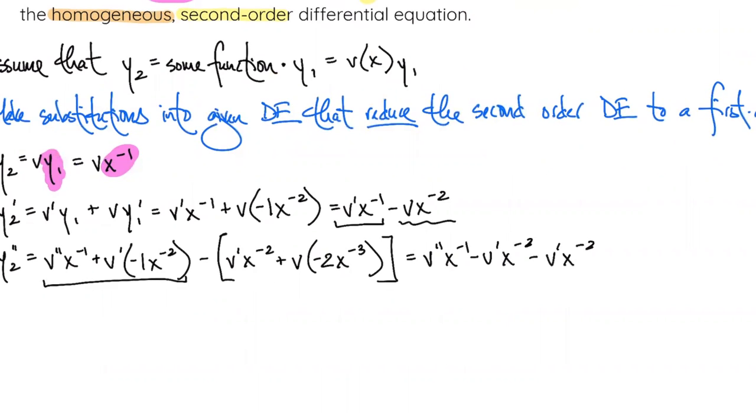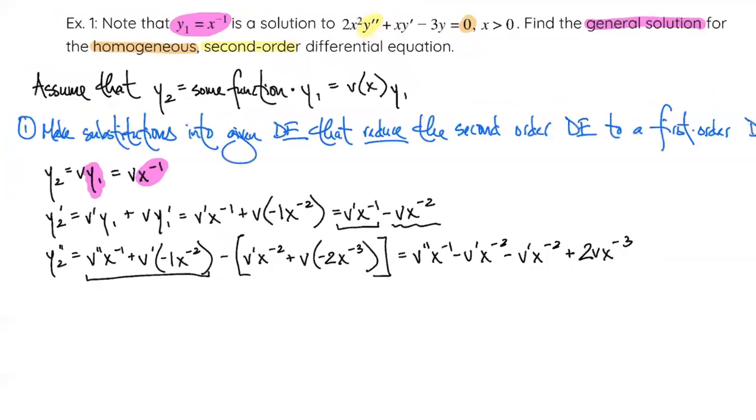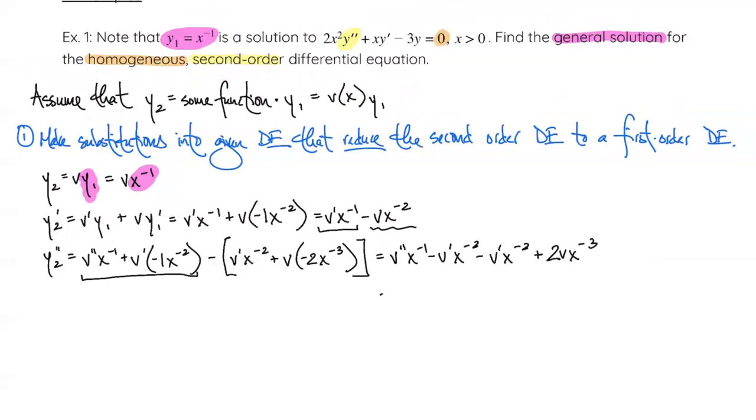And then minus and minus should be plus 2vx to the negative 3. If we group our like terms, we'll find that we have 2vx to the negative 3, minus 2v prime x to the negative 2 plus v double prime x to the negative 1.